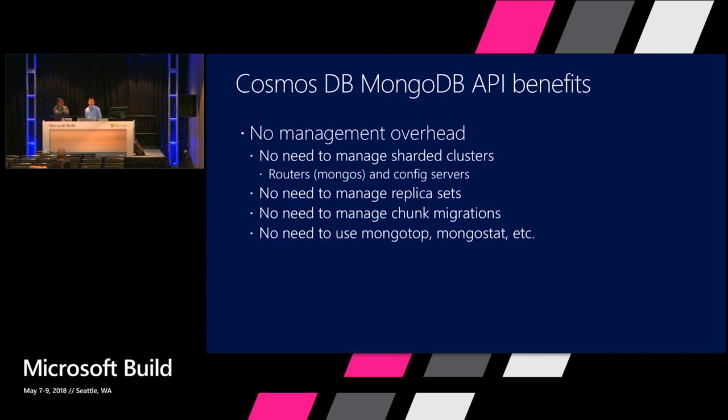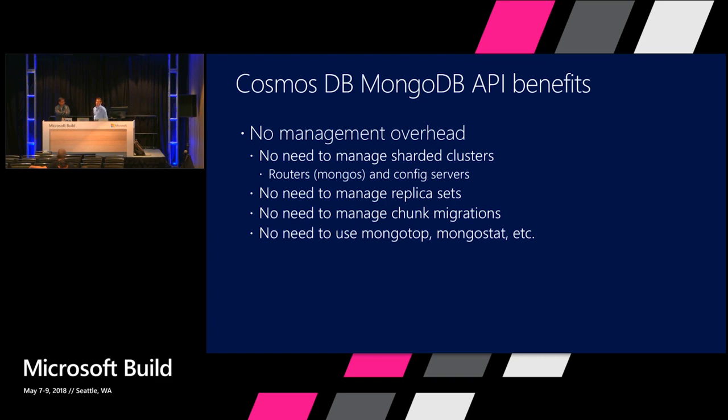All right. And in terms of MongoDB, you get very similar benefits from Cosmos DB. On the MongoDB side, you might be dealing with replica set management, sharded cluster management, config servers, MongoS routers, and so on. All of these operations are taken care of by Cosmos DB.